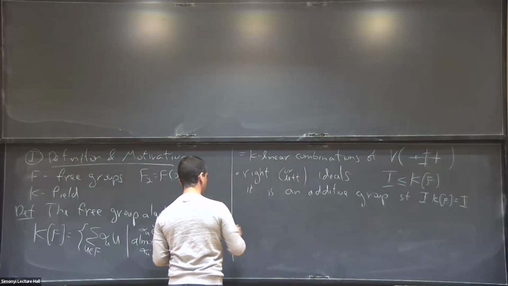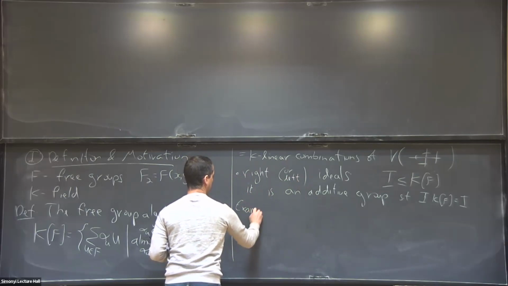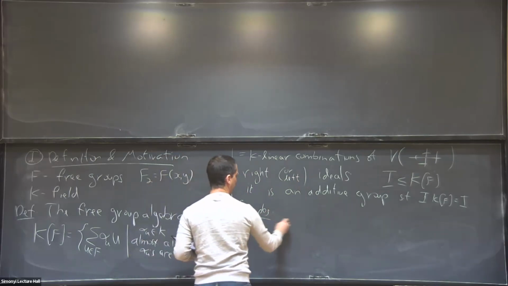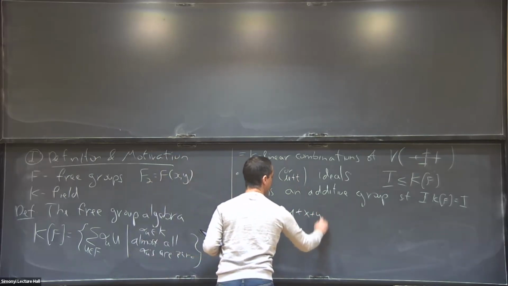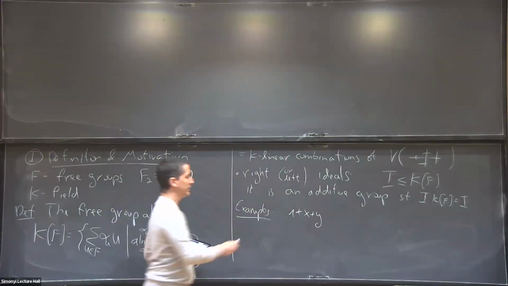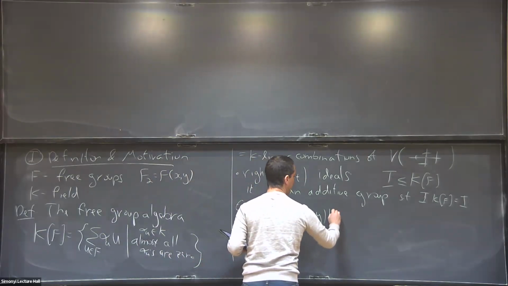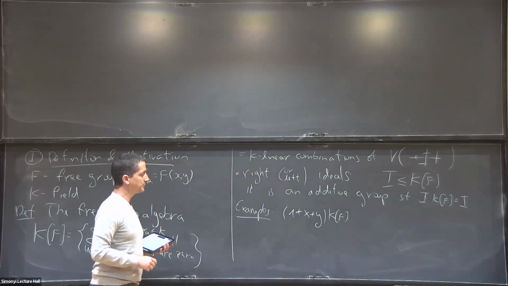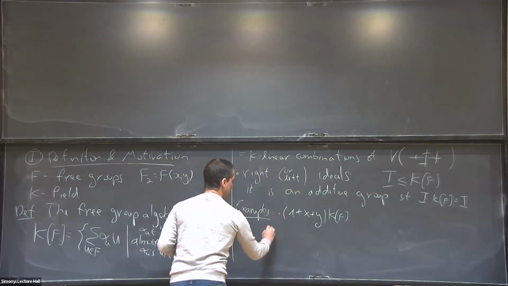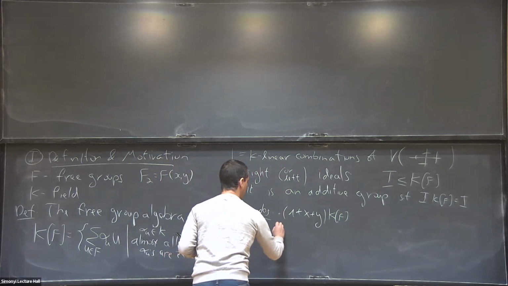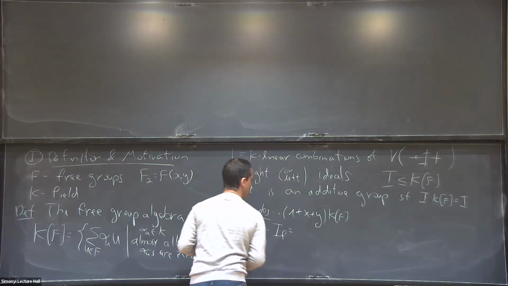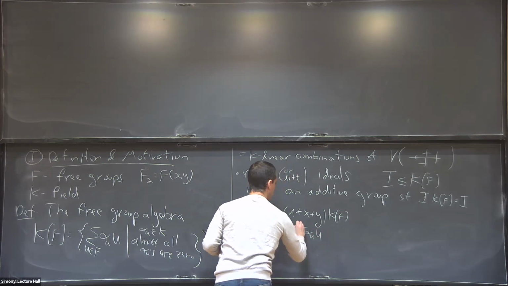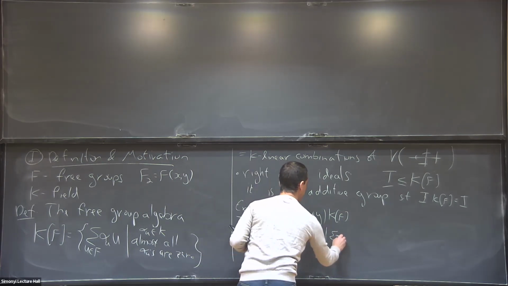Let me give you a few examples. Of course, we can take any element, one particular element in my free group algebra, and then take all the multiplications. I can multiply from the right by the algebra. This is one ideal. Another one is the augmentation ideal, which is the set of elements such that the sum of the coefficients is 0.